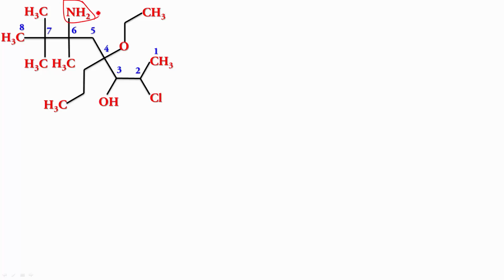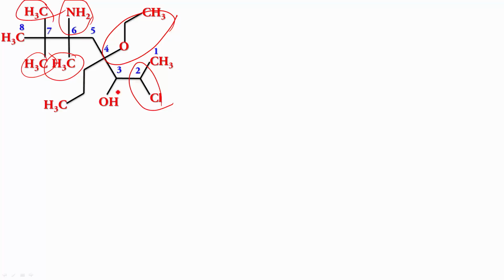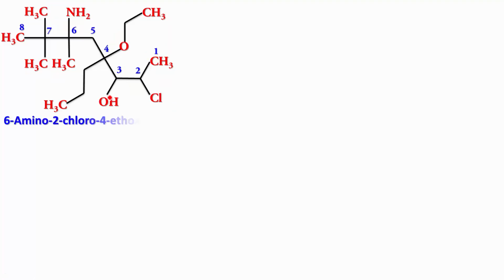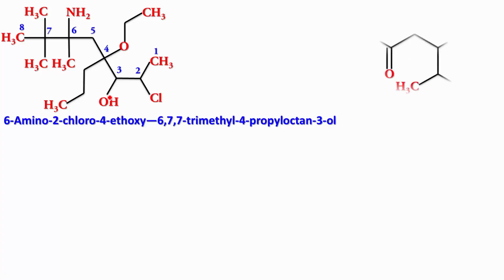So amino A. So it's going to be amino. So you got amino sitting at 6, chloro sitting at 2, ethoxy sitting at 4, and you got a lot of methyls out here, trimethyl, and then of course octanol, octan 3-ol. So 6 amino, 2 chloro, 4 ethoxy, 6, 7, 7 trimethyl, 4 propyl octan 3-ol. Try this one.